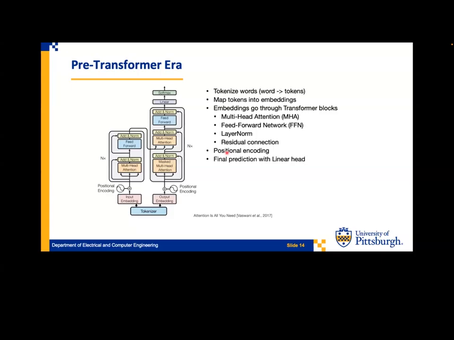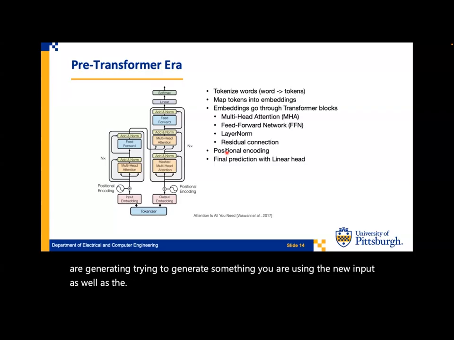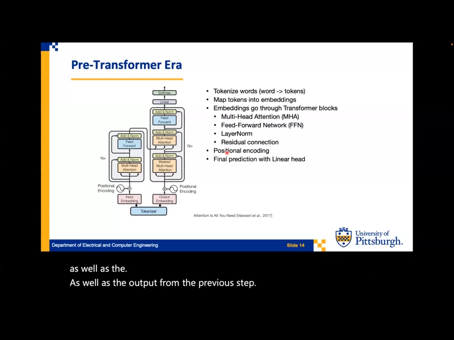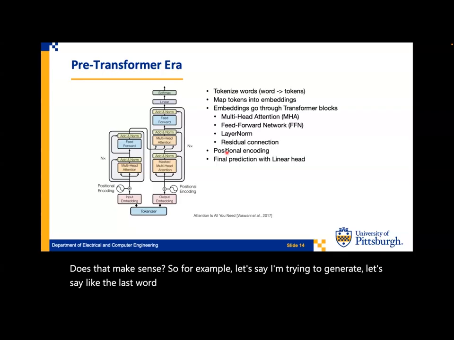Remember, in a recurrent neural network, every time we're trying to generate something, you are using the new input as well as the output from the previous step. For example, let's say I'm trying to generate the last word in the title, the word "need".